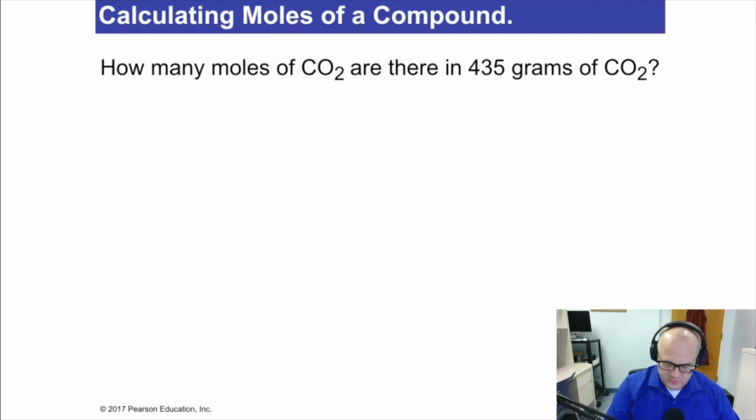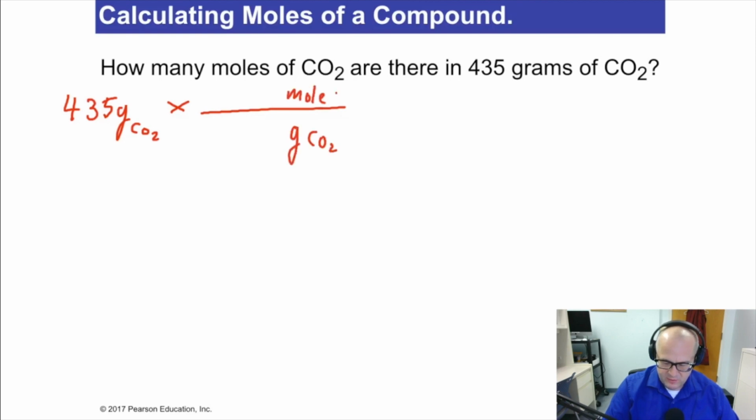All right, so 435 grams CO2 multiplied by something to put grams of CO2 on the bottom, mole of CO2 on top. Equals mole CO2. Grams cancel, leaving you in moles.